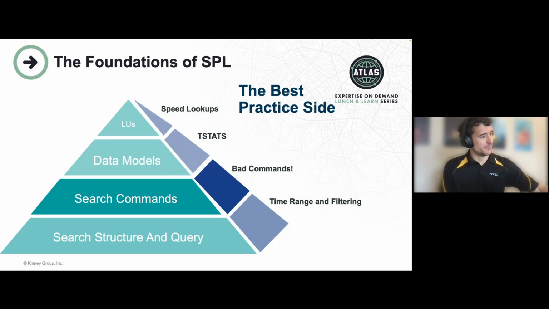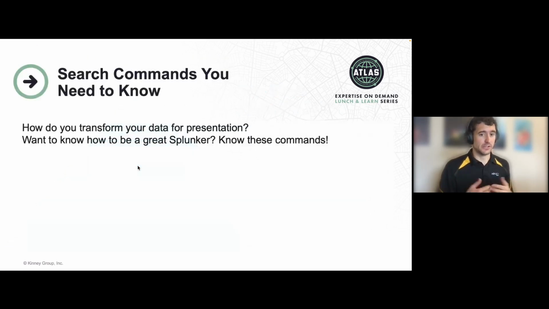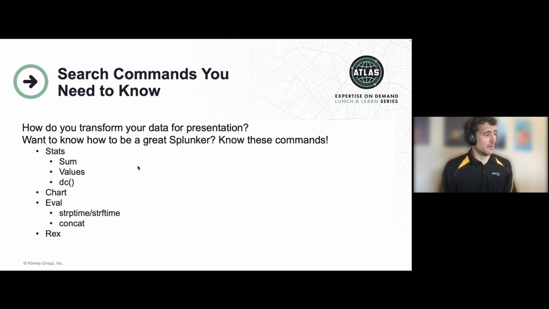All right, we're going to move up to search commands. So this is just going to be general guidance on where to spend your time when you're investigating and using commands in Splunk. So to outline the big 4 here, stats. You need to know stats forward and backwards, and stats has a couple subcommands, stats count by or stats sum by. Also look into values.